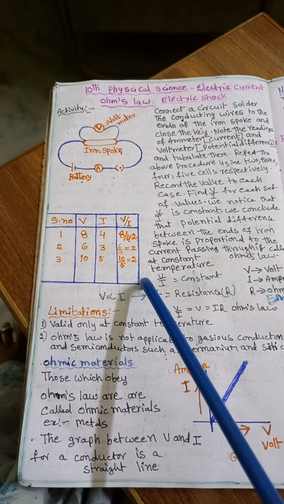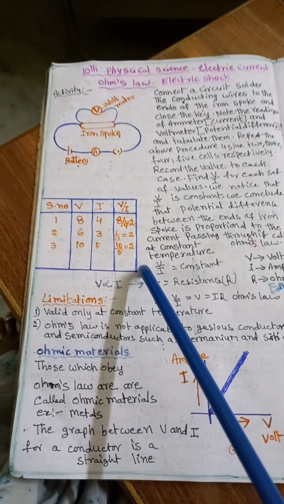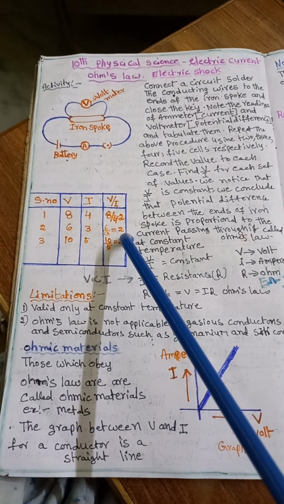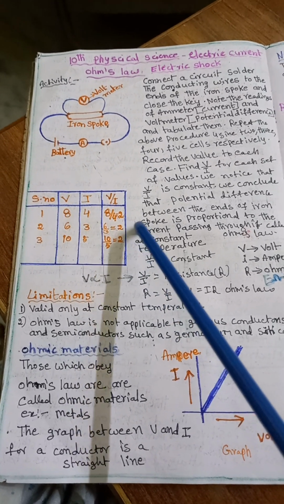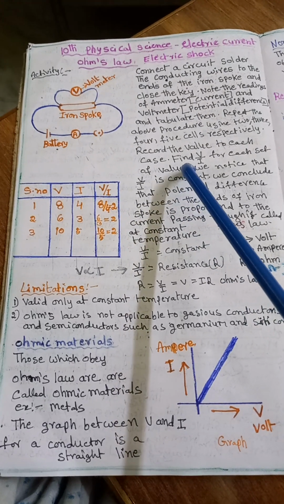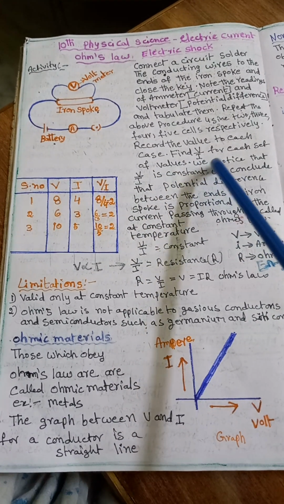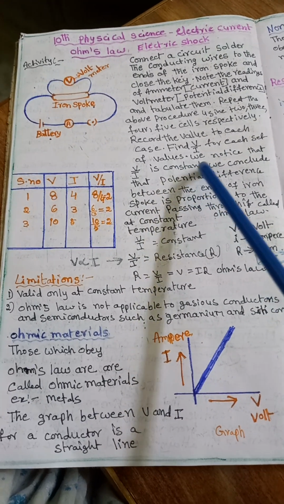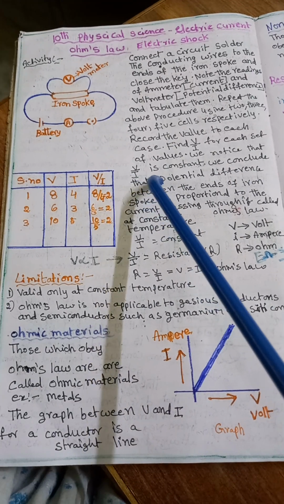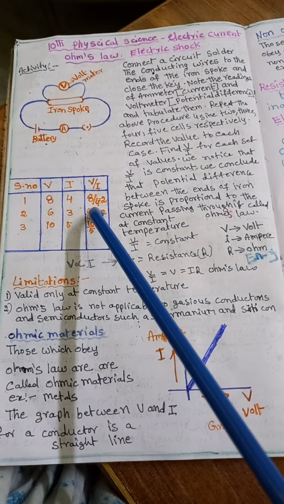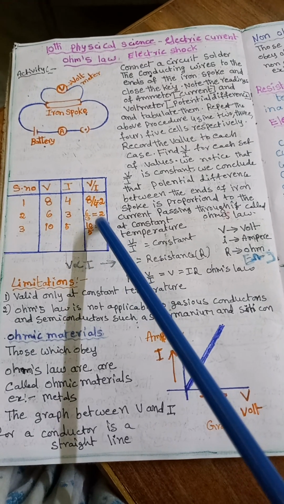So it is called a constant value of V by I. Here, find V by I for each set of values. We notice that V by I is constant.